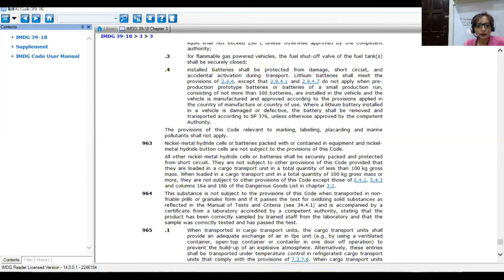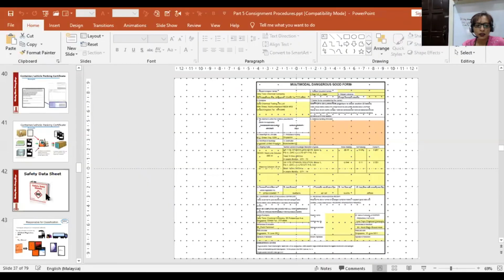Any more questions? Do we have any other questions relating to, say, the container packing certificate? Because after this, I'm going to continue with the safety data sheet.